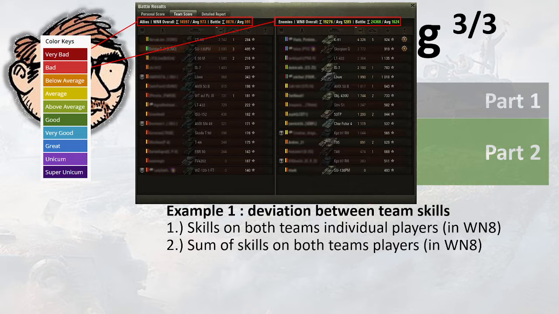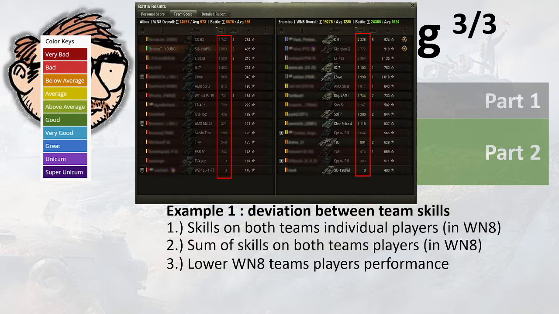So what is the overall performance value in the battle and what is the average? There are also color codes behind those values, so it's pretty easy to see right away the team's skill level as a whole and how they are performing in the battle.